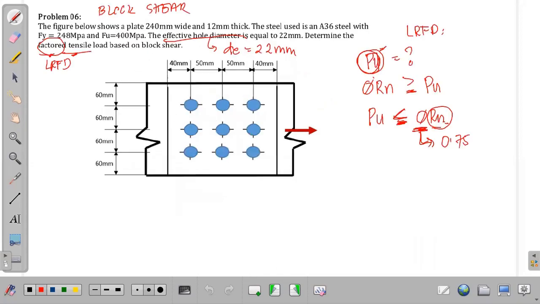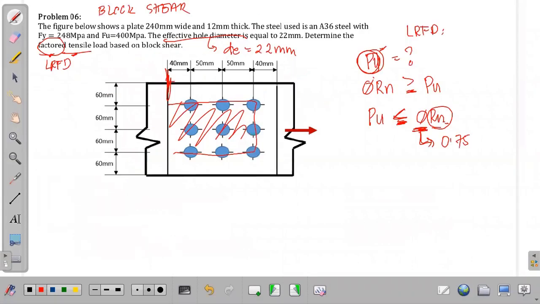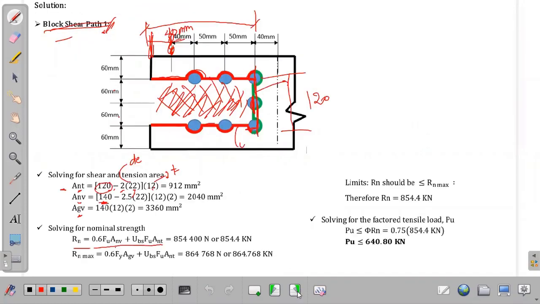Yung 40 hanggang dito. Mali itong drawing natin. So yung 40 hanggang dito yan. 40 mm. Okay? Since hanggang dito, ito yung mag-fail. So 40, 50, 50, that is 140.